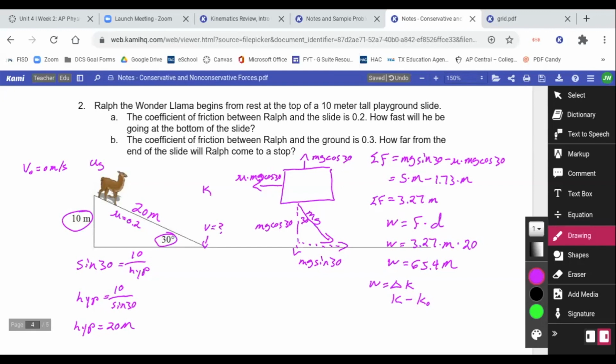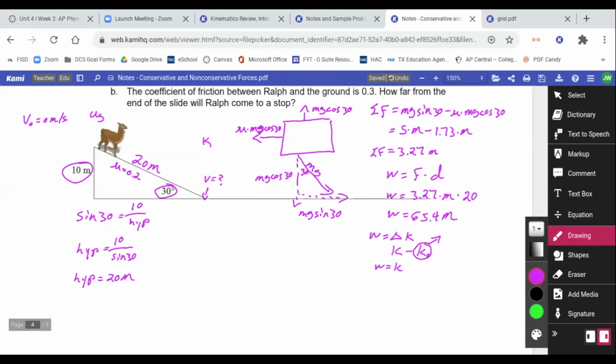Wasn't moving, velocity was 0. So if the initial kinetic energy was 0, that goes away. My change of kinetic energy, my work, is equal to the kinetic energy, because it's final minus initial. Initial is 0. Minus 0 doesn't change anything. So in this case, because the initial was 0, the work is just equal to what the final is.